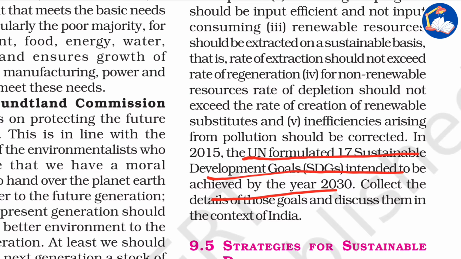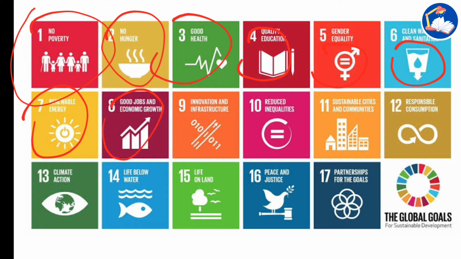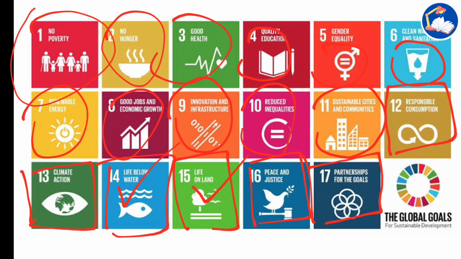The 17 goals are: no poverty, zero hunger, good health, quality education, gender equality, clean water and sanitation, renewable energy, good jobs and economic growth, innovation and infrastructure, reduced inequalities, sustainable cities and communities, responsible consumption, climate action, life below water and life on land. These relate to marine life and animal life. Then the 16th goal is peace and justice, and the last is partnership for the goals. You can elaborate on these goals as well.